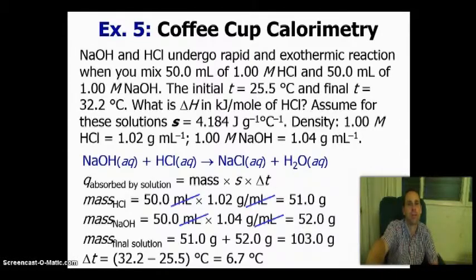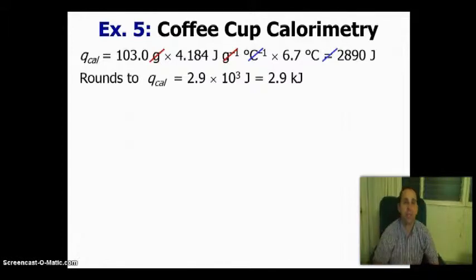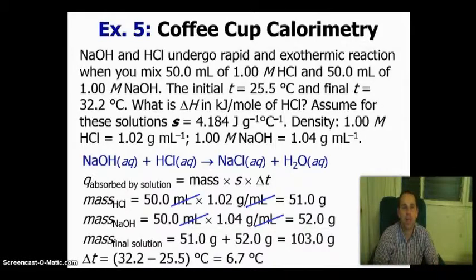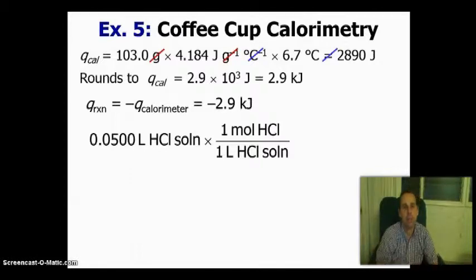Now, we were asked, what is the delta H in kilojoules per mole of HCl? So we know how many kilojoules of energy were released by this process, but how many moles of HCl reacted? Well, if we go back here, we see that the HCl solution was 50 milliliters of a 0.1 molar HCl. 50 milliliters of 0.1 molar HCl, and we can use that information this way to identify how many moles of HCl that actually was.